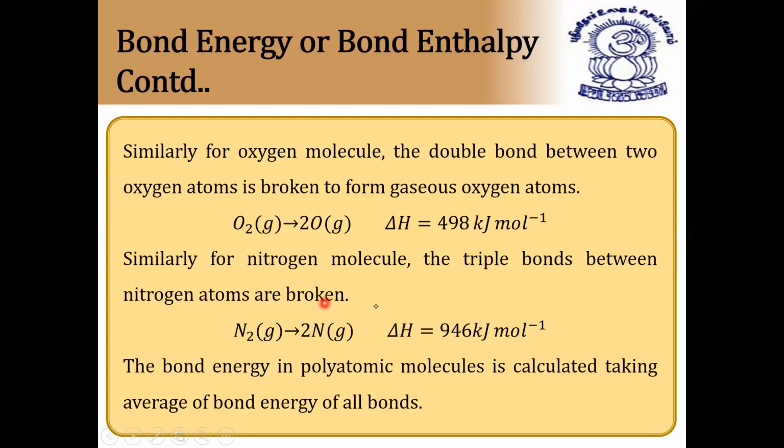By this, you can understand that the bond energy in polyatomic molecules, meaning molecules with more than two atoms, is calculated by taking the average bond energy of all the bonds. And here, a very important point: as the number of bonds increases, for example compared to hydrogen, which has a single covalent bond, bond energy increases.